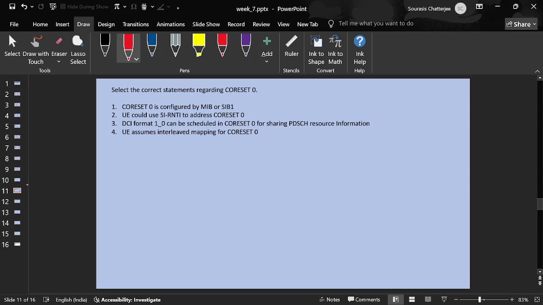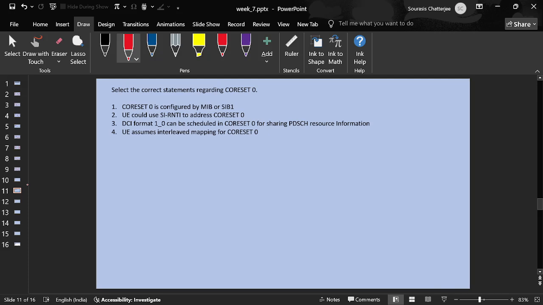So in coreset 0 it is interleaved mapping only, right? Because it has to be spread across the different subbands, since basically we don't know the channel condition for the user, which band is good or bad.